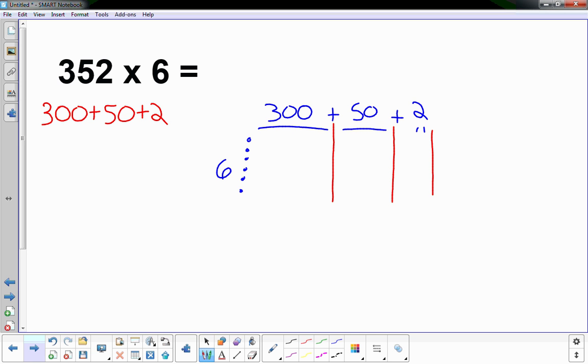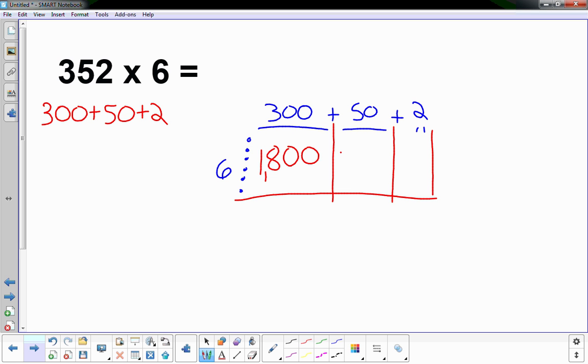I do this, and then I just start with one of my boxes. It doesn't really matter which one first. 6 times 300. Well, 6 times 3 I know is 18, and there's 2 zeros in 300, so it's 1,800. Then I go to the next one, 6 times 50.